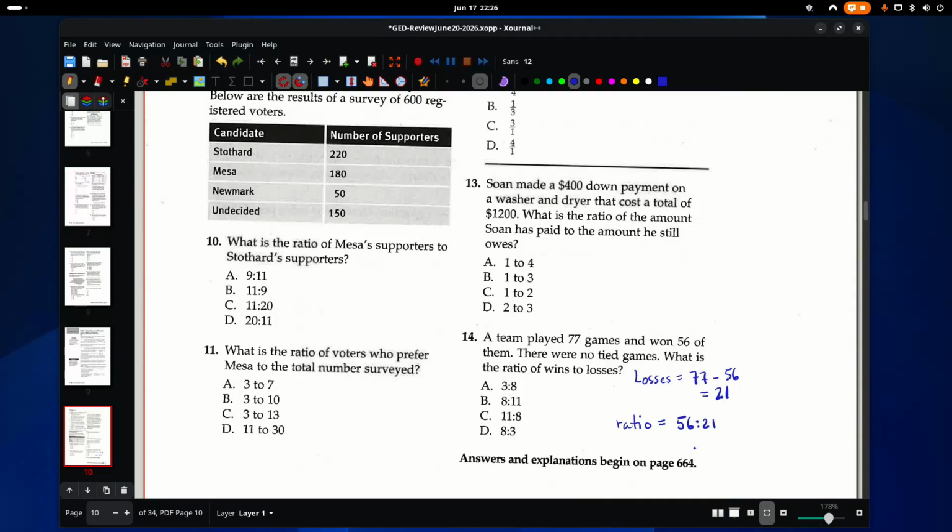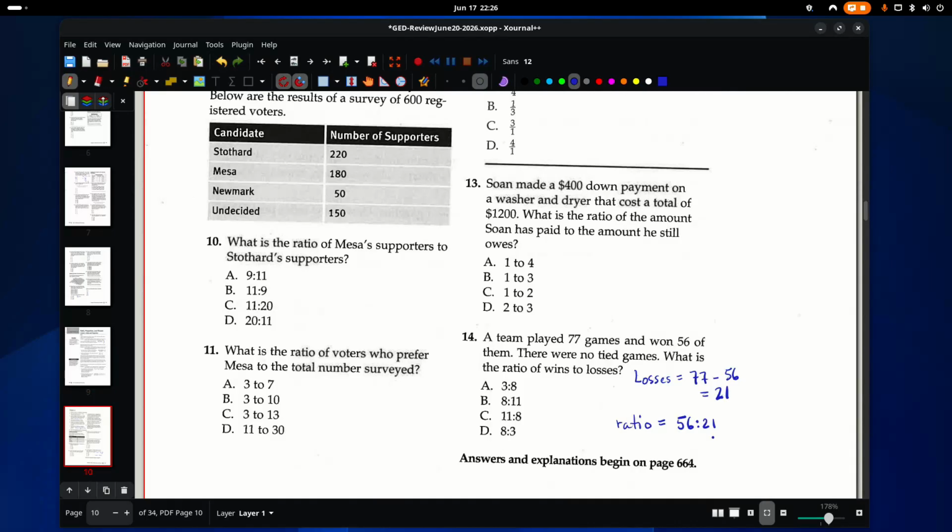those both by 3, I think. So let's see, or can we? 56. So 54 divided by 3 gives us 18. So then we can't do that. 56.